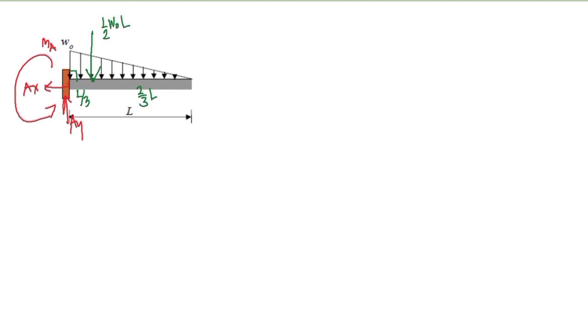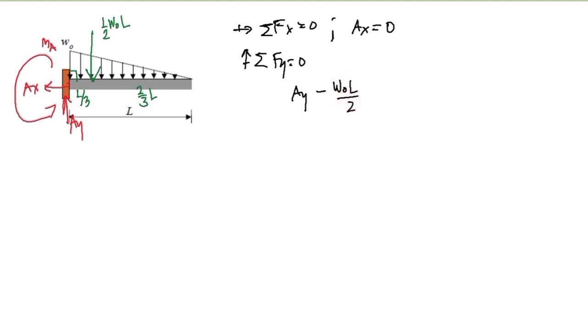Okay. So we have to summate forces horizontal is equal to 0, taking the direction to the right as positive. So with this, our AX is equal to 0. And if we are going to summate forces vertical is equal to 0, taking the upward direction as positive, then what we have here is our AY, our resultant, which is W sub O L over 2, and this is equal to 0.